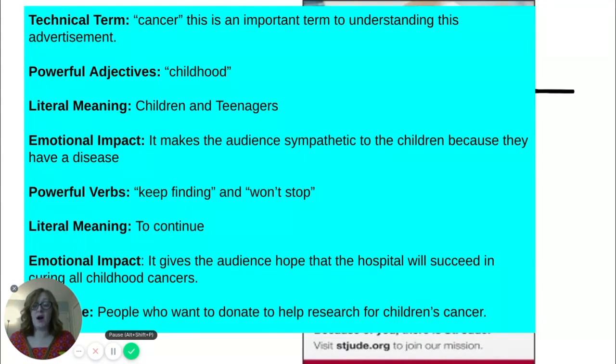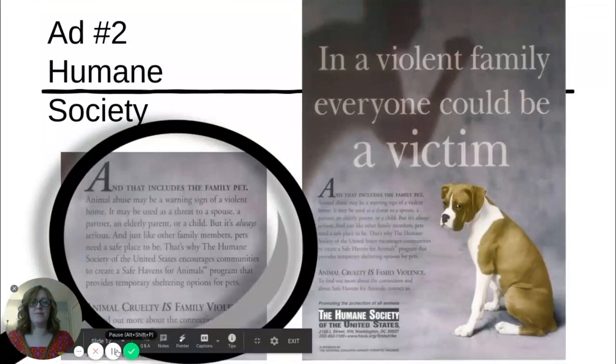The intended audience are people who want to donate to help research for children's cancer. The St. Jude's Children's Research Hospital has done a wonderful job by using pathos to help its audience want to donate in their fight to continue to eradicate cancer from the children in America.